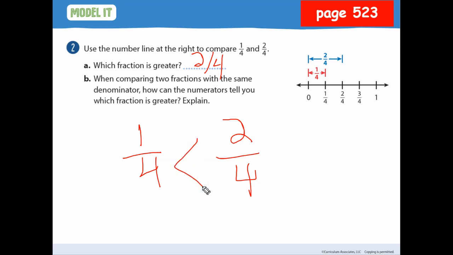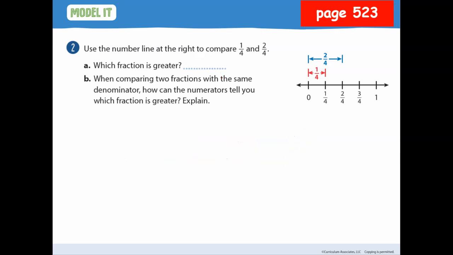If I have it the other way like this, 2/4 and then 1/4, what sign goes in the middle? Greater than, less than, or equal to? Greater than, because 2/4 is greater than, so it would be this way.